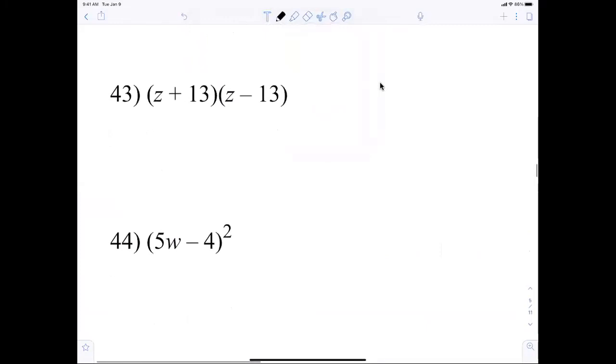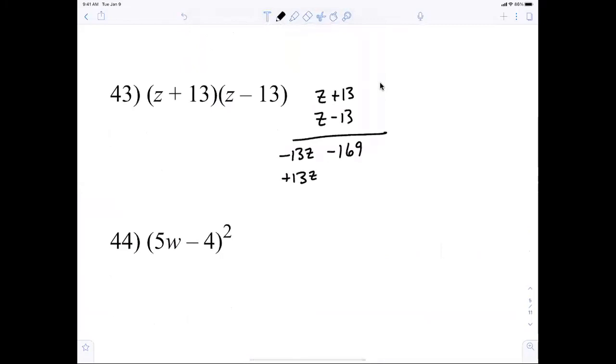All right, 43. Negative 13 times positive 13 is negative 169. Negative 13z, positive 13z, and z squared.